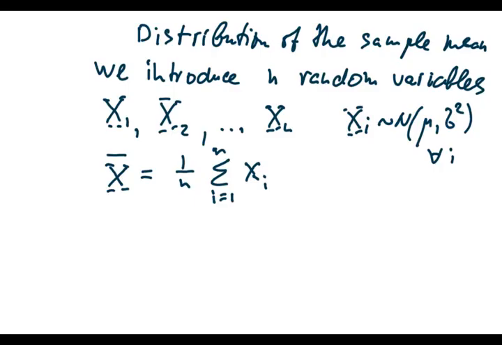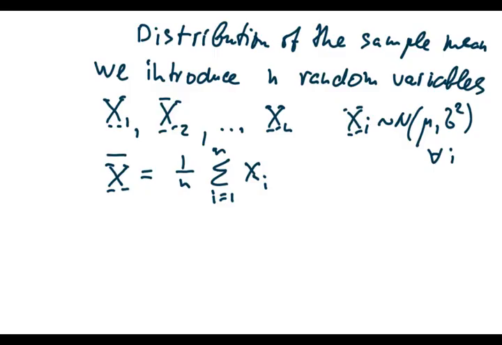Once again, making the first measurement is, in terms of these random variables, finding the value of x1. Making the second observation is finding the value of x2.